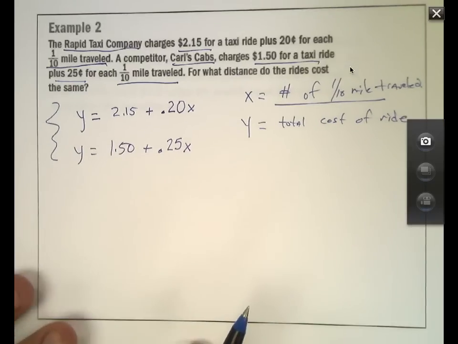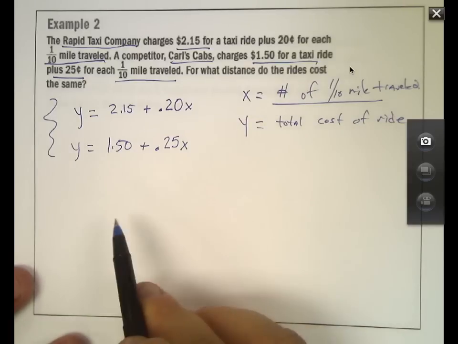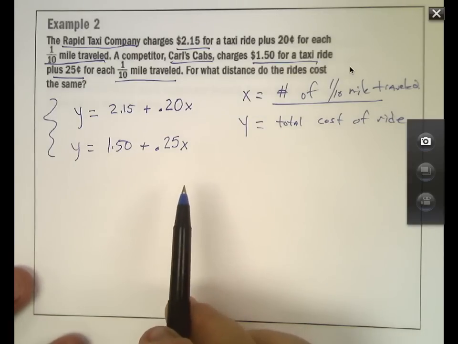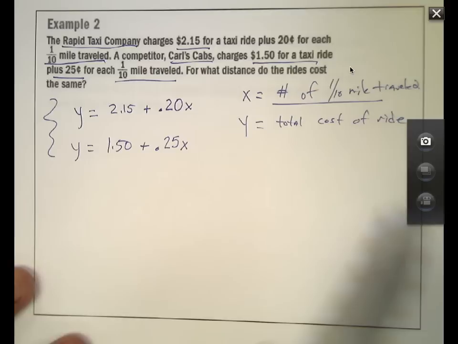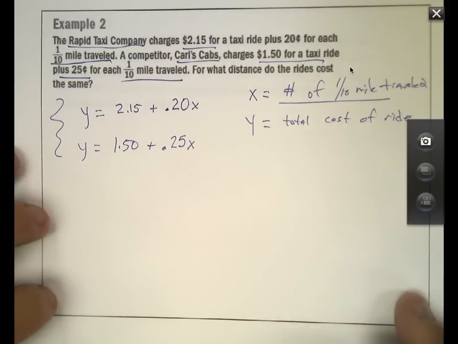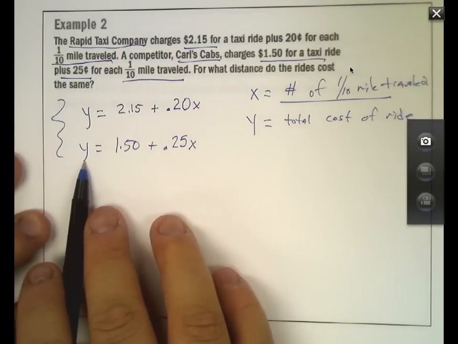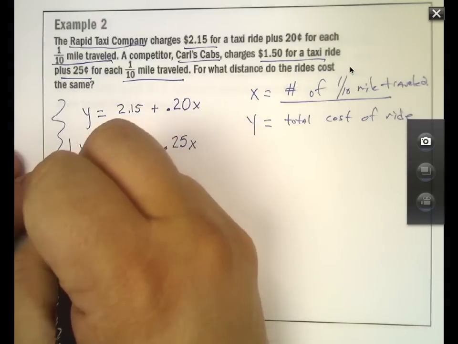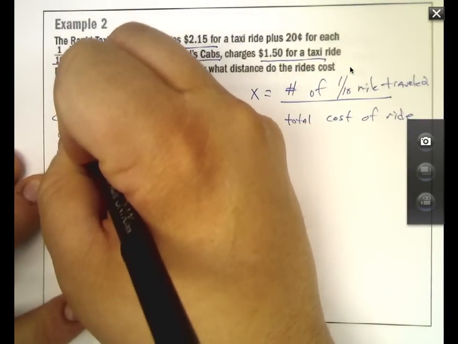Okay? We're going to find a break-even point. And what that break-even point is going to do is tell us which cab company you want to pick if you are below that amount of distance to travel or if you are above that amount of distance to travel. So, two equations. It set up y and y, so this is perfect. I'm just going to take this equation and substitute it in for this y.